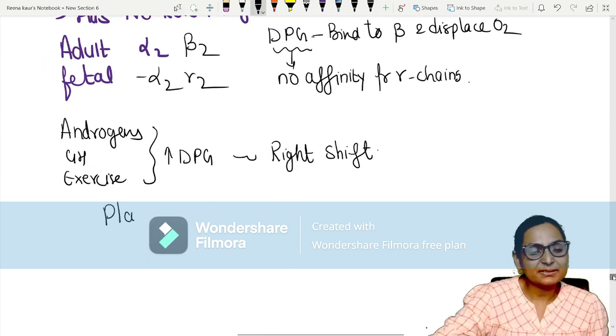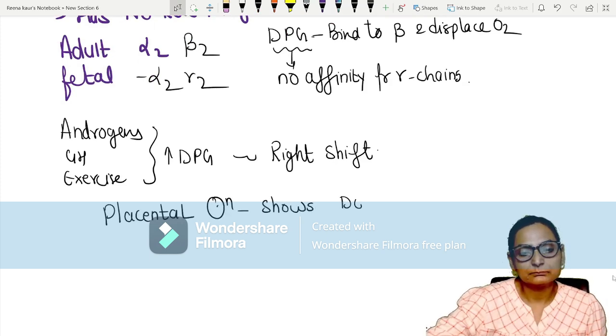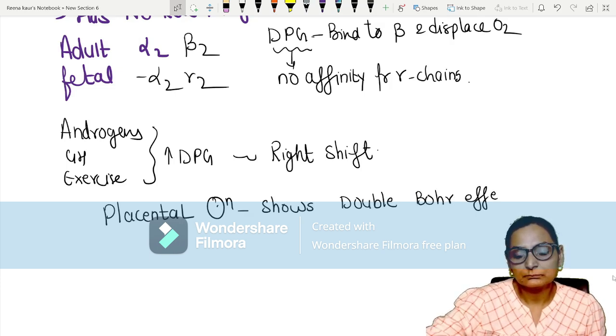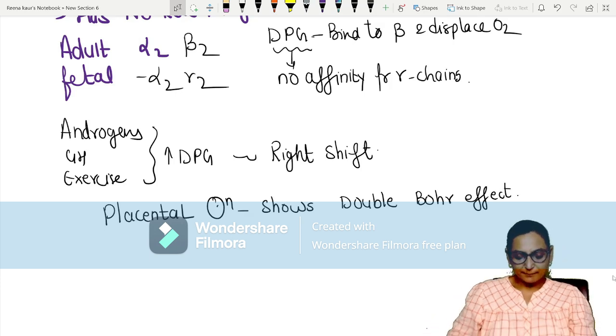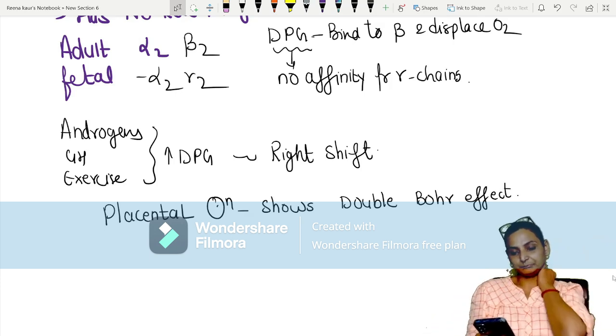The placental circulation shows the double Bohr effect.